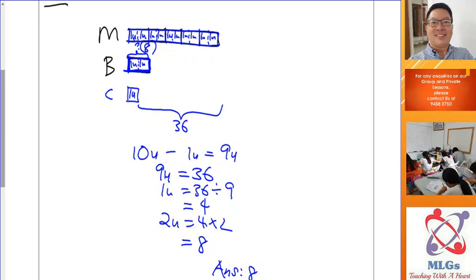So you just have to draw out the sentences, and once you can draw out the sentences, you can see the model more clearly, and then you can create your unit statements. What are unit statements? All these are called your unit statements. And then you have to find what is 1 unit, and once you can find 1 unit, you can solve the problem.